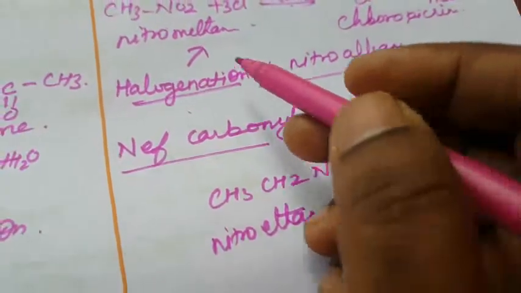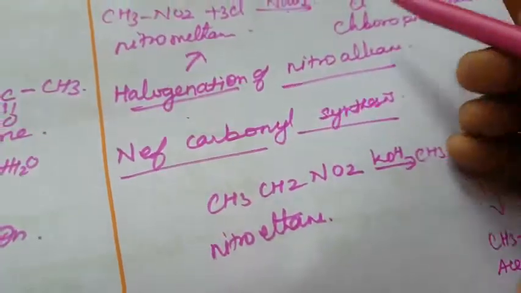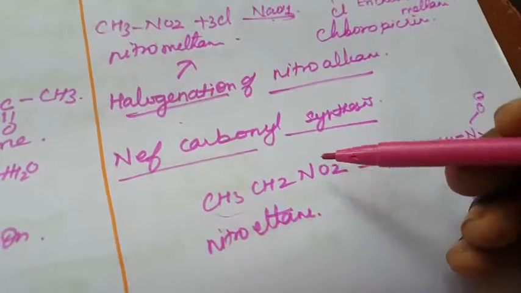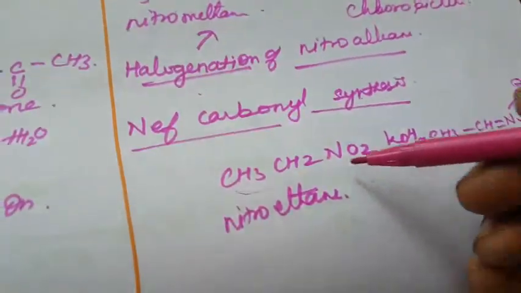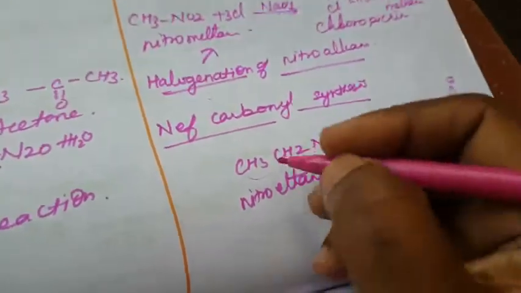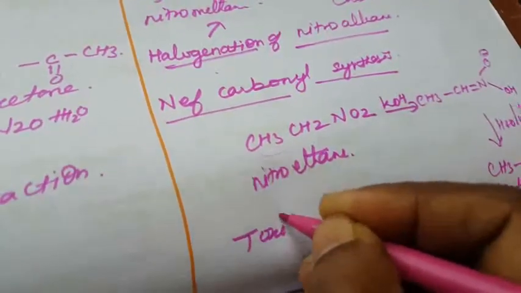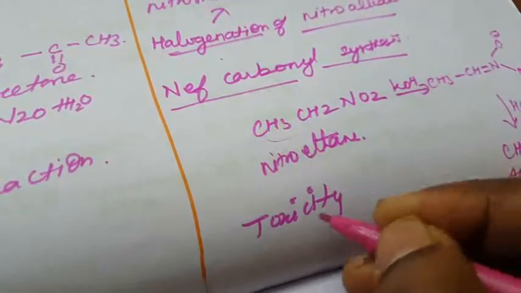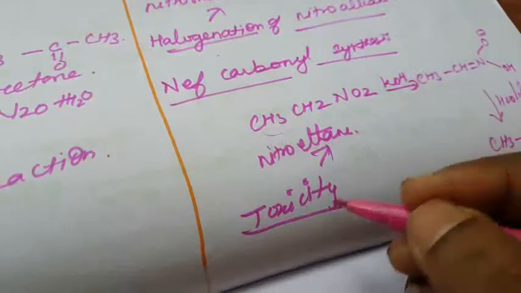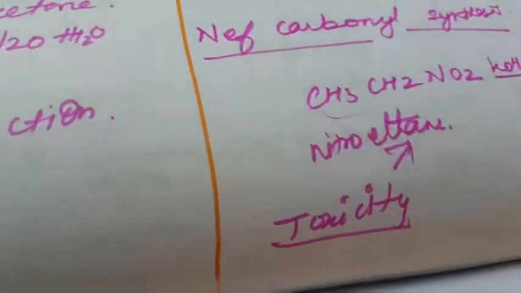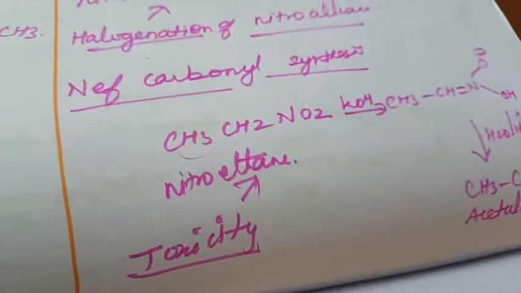So the compound nitroethane is very toxic, it can cause genetic damage and be harmful to the nervous system. Okay, it is a very toxic substance. Toxicity means the compound is very toxic.